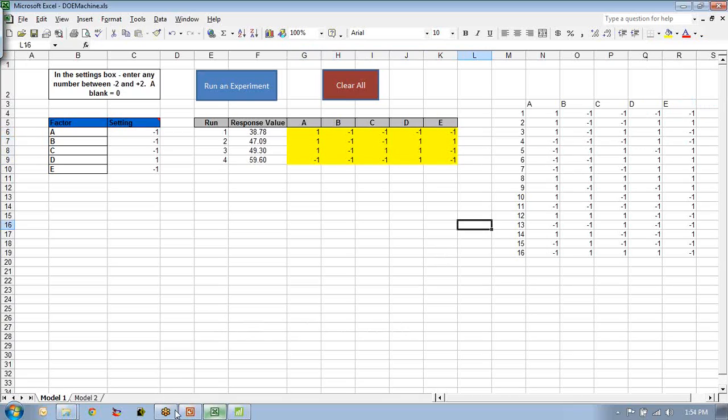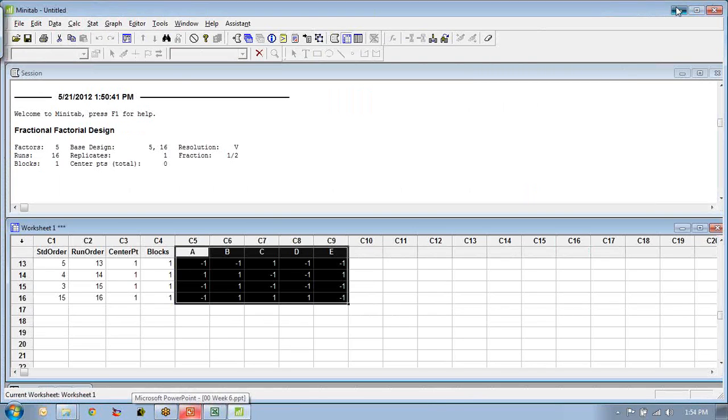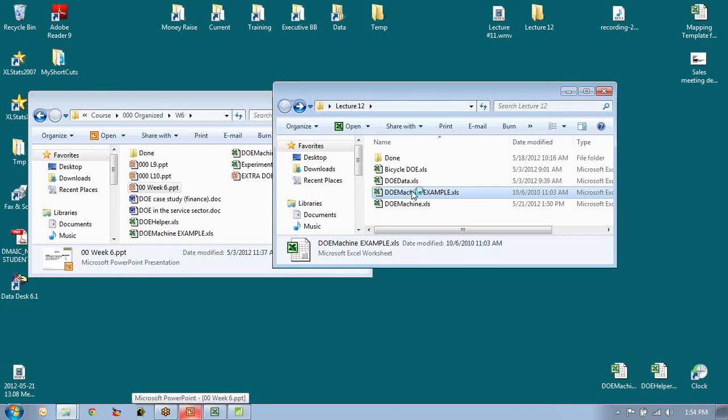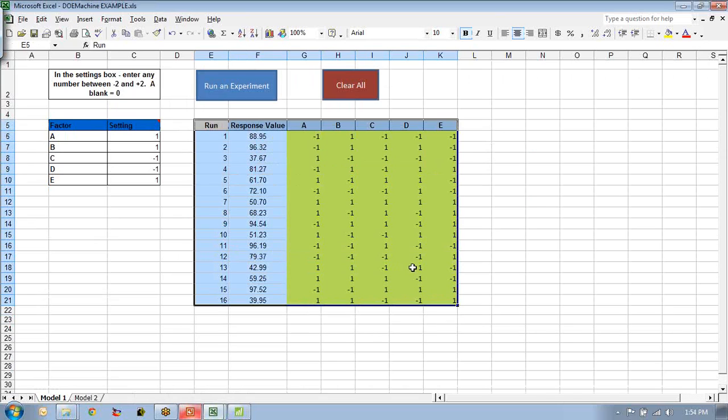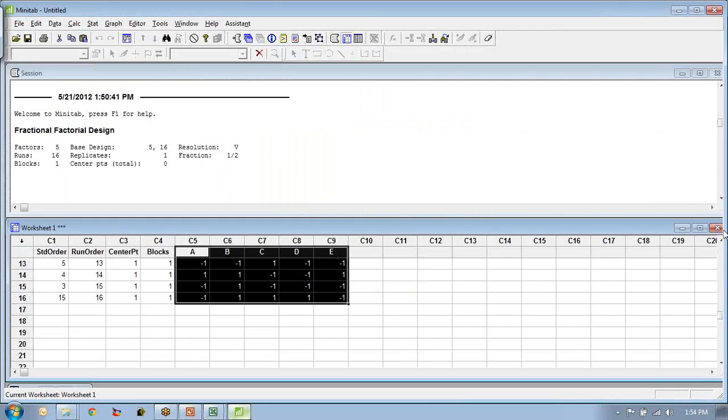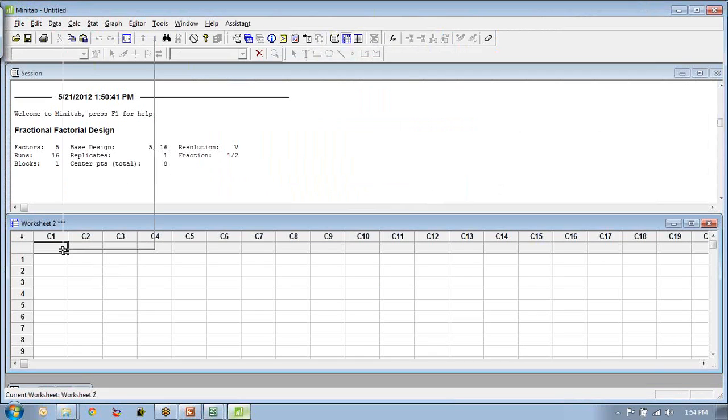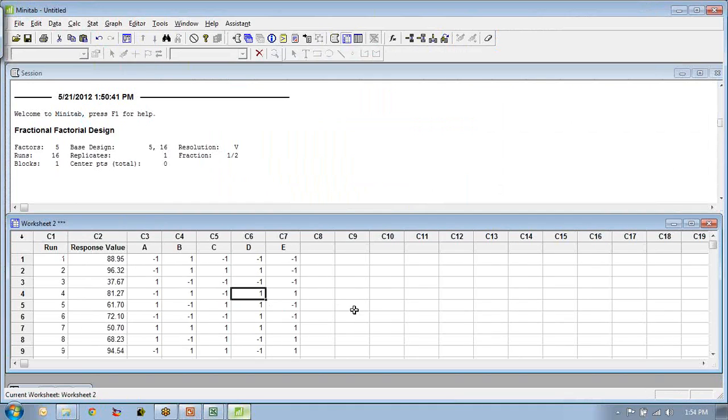All right. And if you keep doing that, you will get something that looks like this. For example, if you run 16, you might be able to get away with doing 8. And then you can copy this and put it into Minitab and analyze that design.